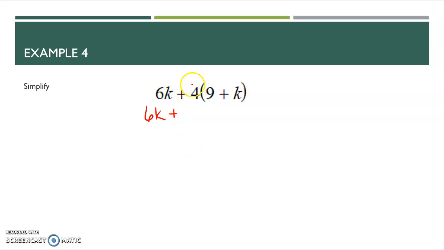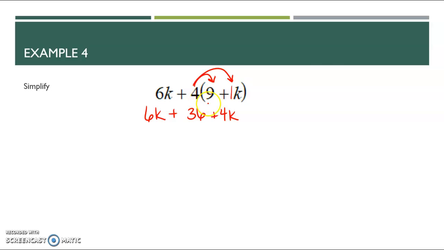And so that means we need to take care of distributing this 4 to the 9 and the k. Now keep in mind that k has a coefficient of 1. And so I'm going to take 4 times 9, which is 36, and then 4 times 1, which is 4. And since the 1 has a k, we put a k next to it.